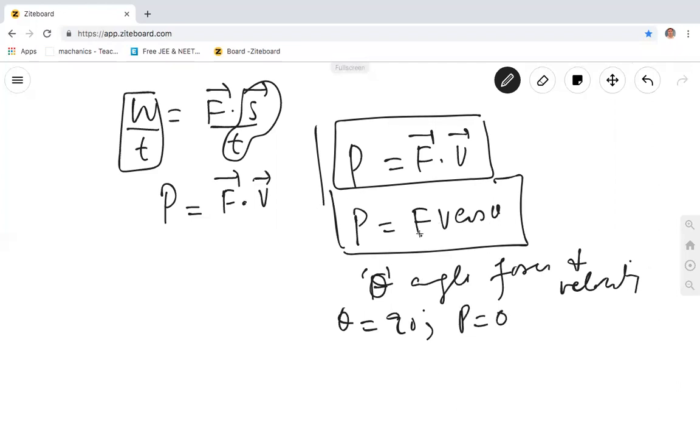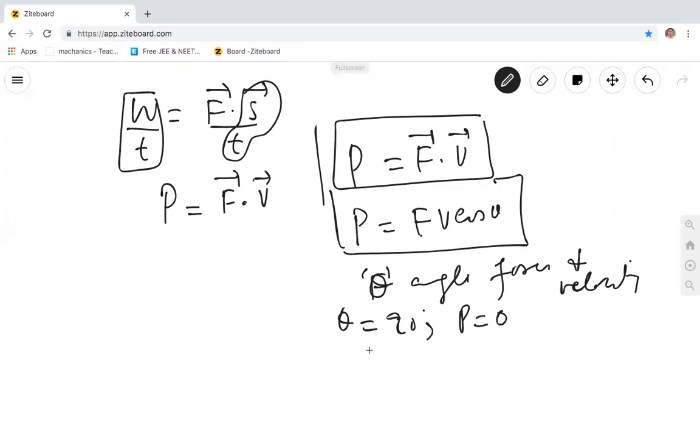This means if force is acting on an object, but that force is perpendicular to velocity or normal to velocity, then that force will not create any power. That force will not do any work. So why should it create any power? After all, power is work done by time. When it is not producing any work, how can there be any power?